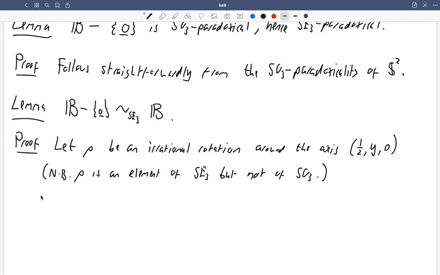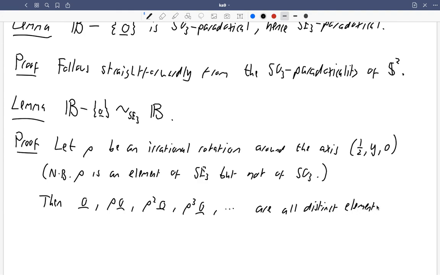So the point of the irrational rotation is that the origin, when we rotate it, and we rotate it again, and so on, they're all distinct elements of B. We stay within B because our center of rotation is at x equals a half, and we start off at the origin, so we stay within a circle.